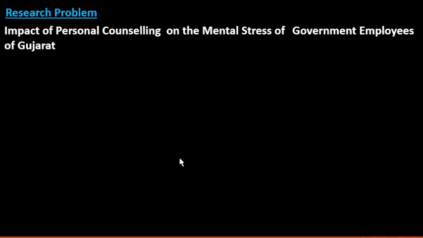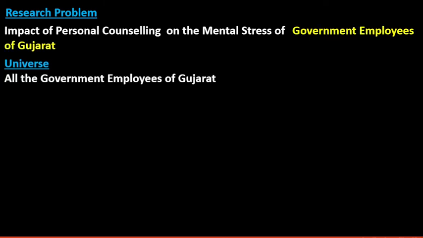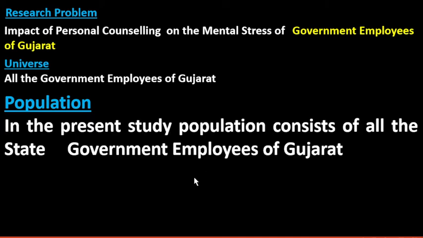Now we will think in another way. The same research problem: impact of personal counseling on the mental stress of government employees of Gujarat. The universe will be the same, all the government employees of Gujarat. But here the researcher wants to work only on state government employees. Then the population must be defined in this way: in the present study, the population consists of all the state government employees of Gujarat.